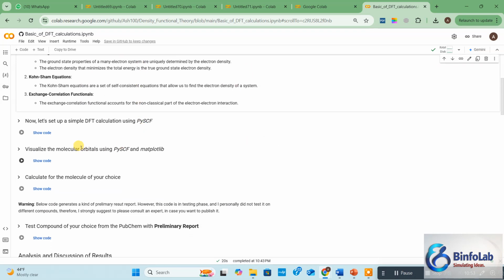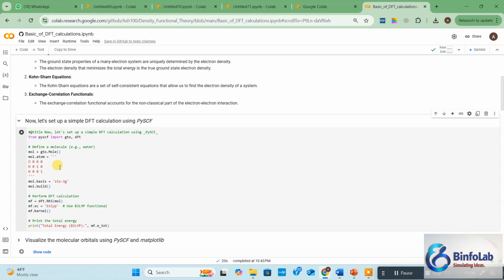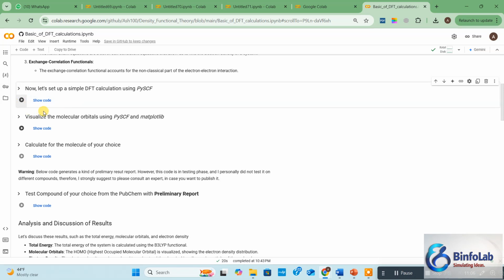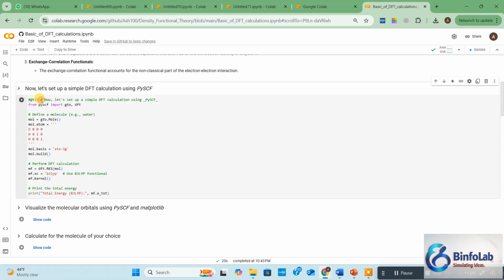Now we are going to set up a simple DFT calculation. Remember, in this simple DFT calculation, this is code you will not see initially, but if you want to see it, just click show code. Here we import some libraries, the DFT library and the GTO library from PySCF, and then we define a molecule, the one we are calculating DFT on.